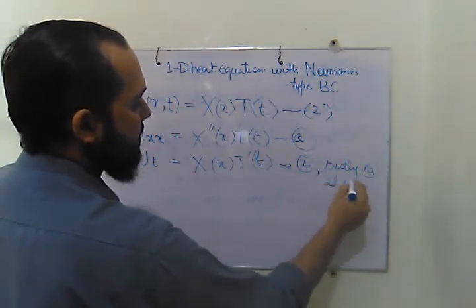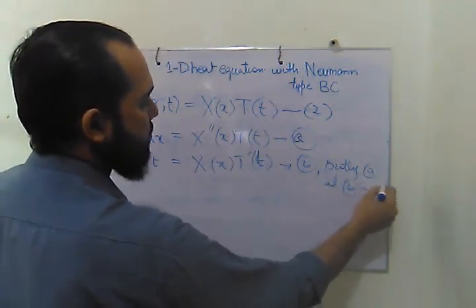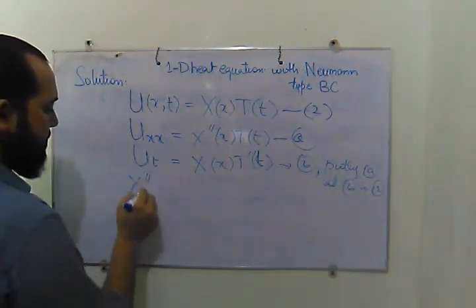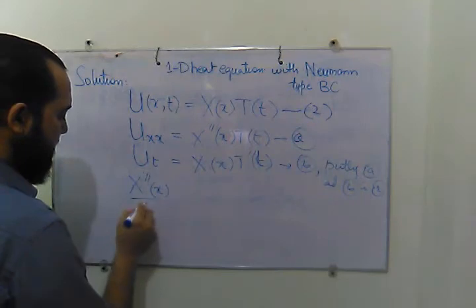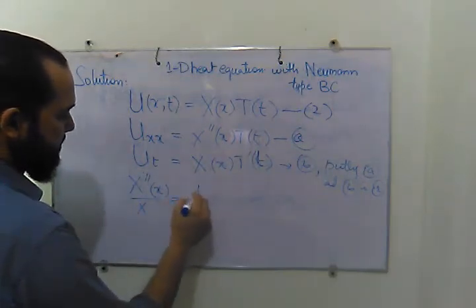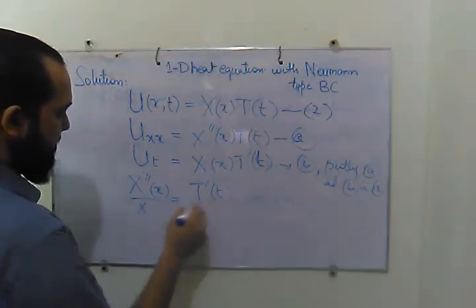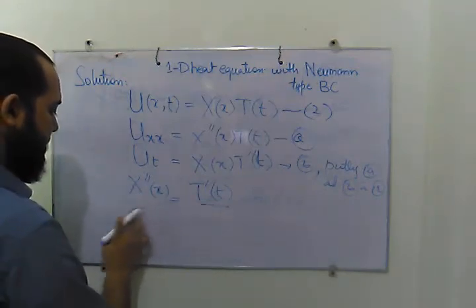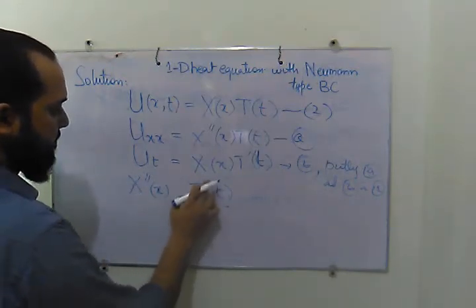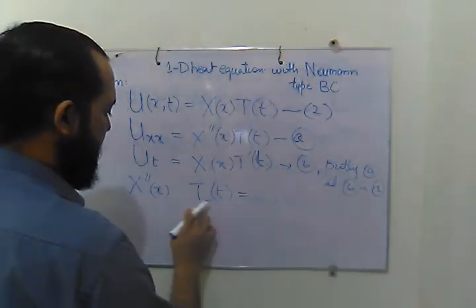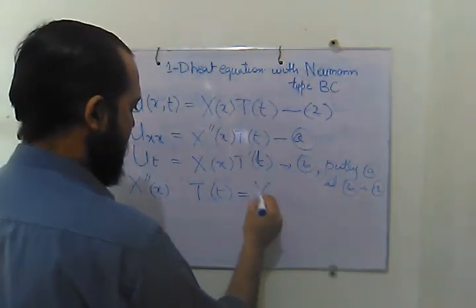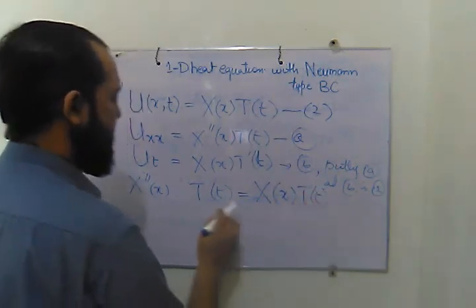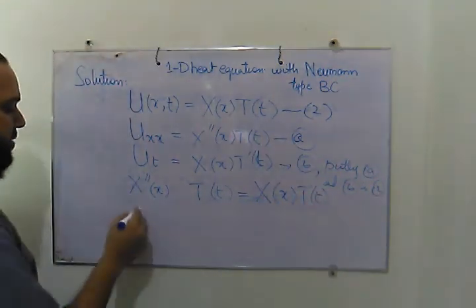A and B in equation 1, which is the heat equation, we have a situation like this. Now we can separate the variables.